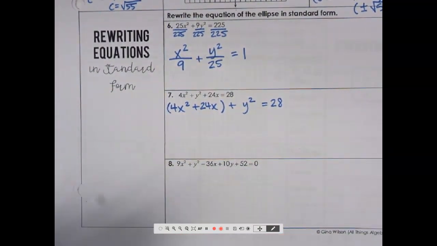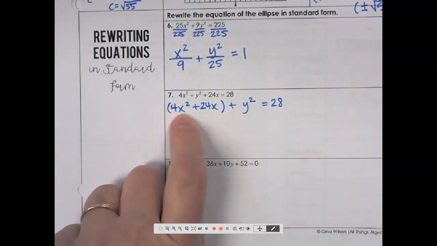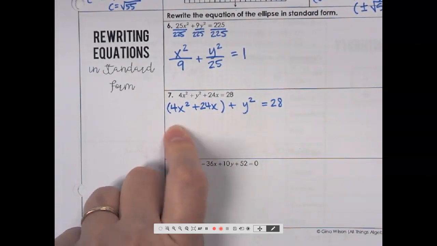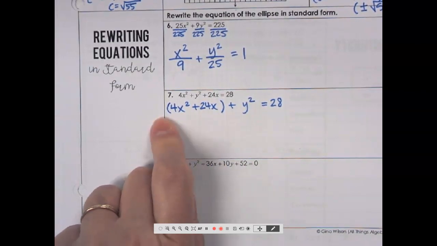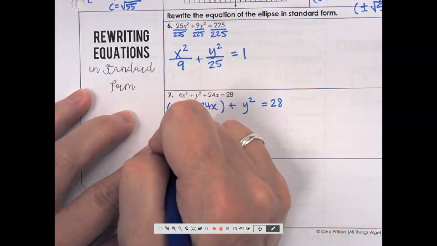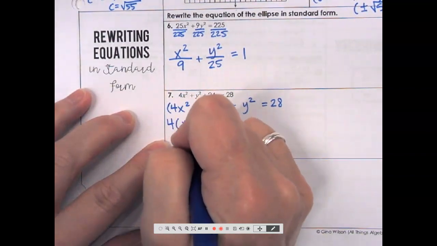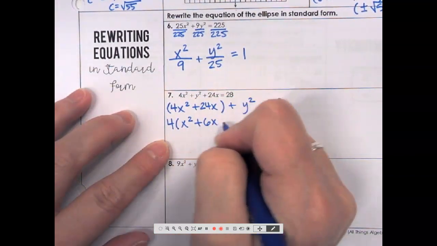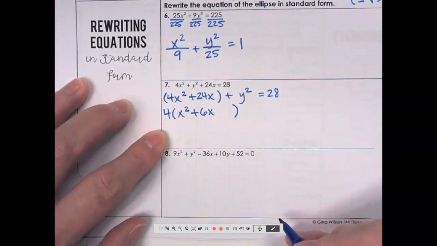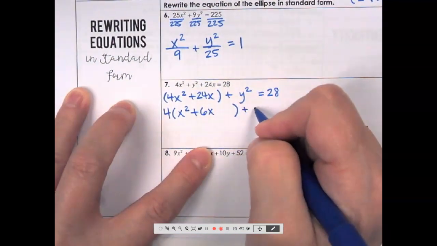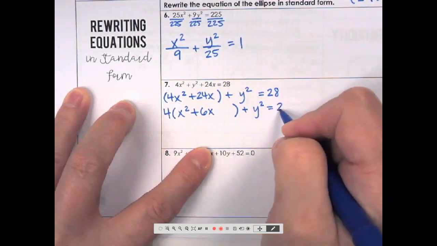Now, one extra step compared to what we did yesterday. See how everything in here has a factor of 4? I'm going to bring out that 4. X squared plus 6x, now I'm going to leave some space for that funky little step, plus y squared equals 28.